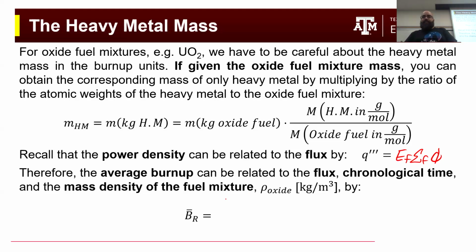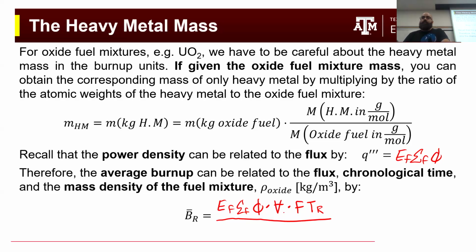So in that sense, my power in the top is going to be EF times sigma F times the flux. That's like my power density. I'm going to multiply by the volume. And I'm going to write my time at rated power in terms of the capacity factor and the chronological time.